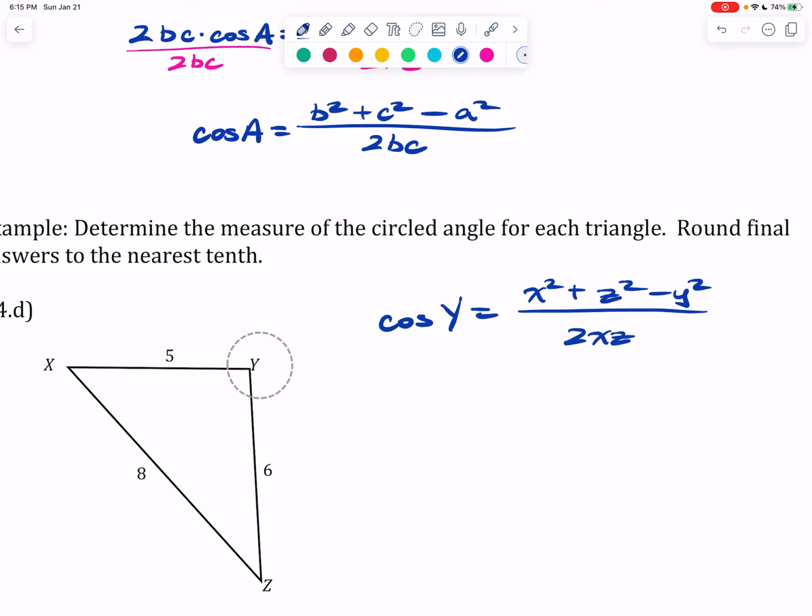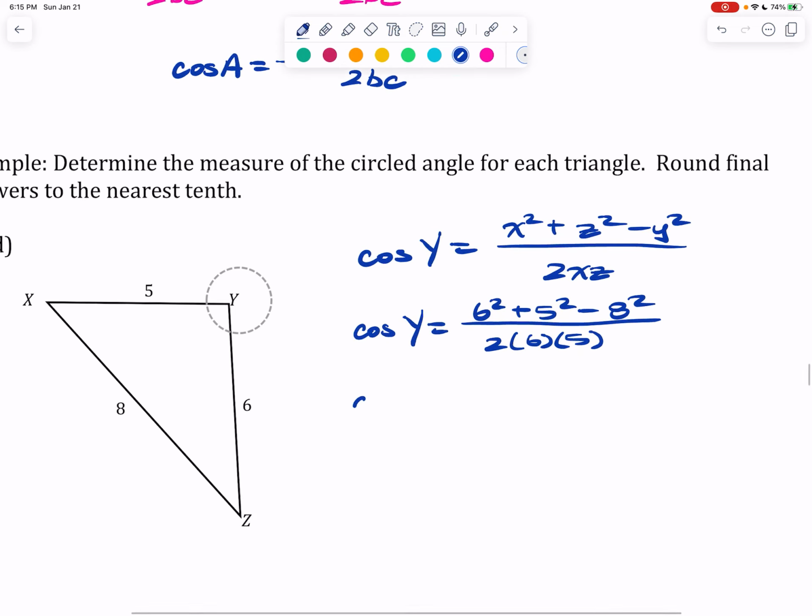At this point, we're just substituting in. Cosine of y is 6 squared plus 5 squared minus 8 squared all over 2 times 6 times 5. Do be careful when you're punching this into your calculator.